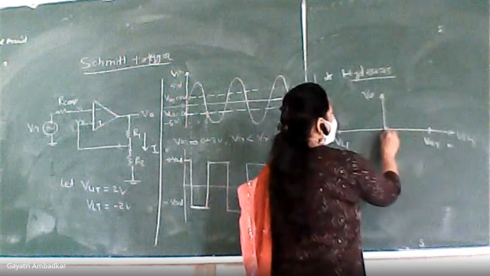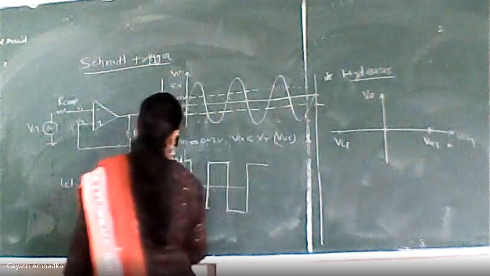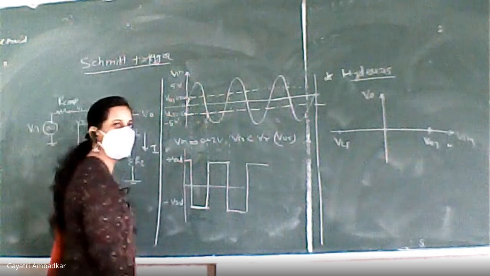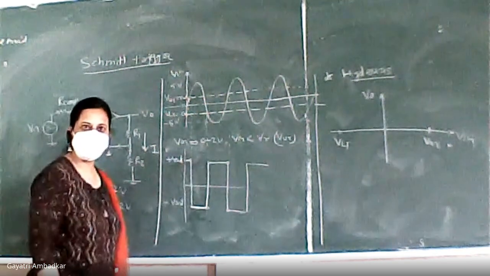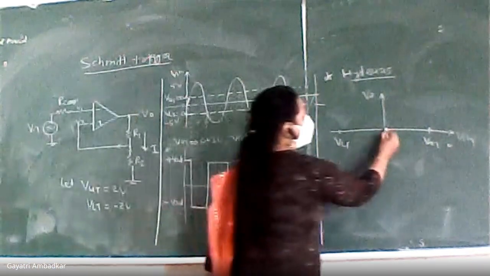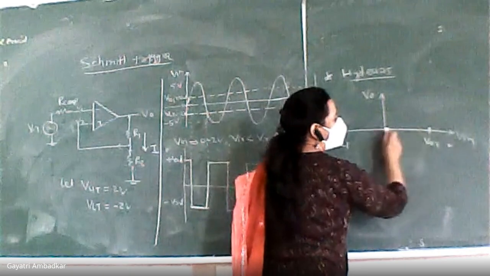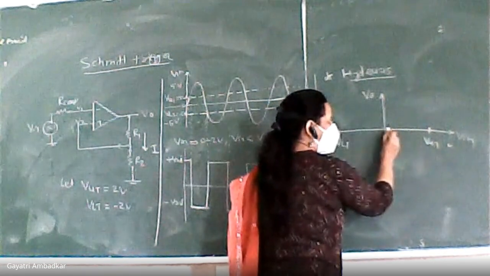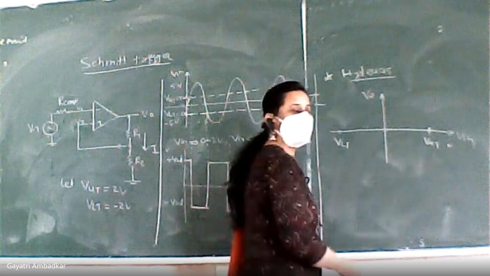This is input. When input is less than VUT, means this portion, what is output? Plus Vsat. So before all the values, this is Vin, we are showing on this axis Vin, this is VUT. For all the values before VUT, your output will be plus Vsat.